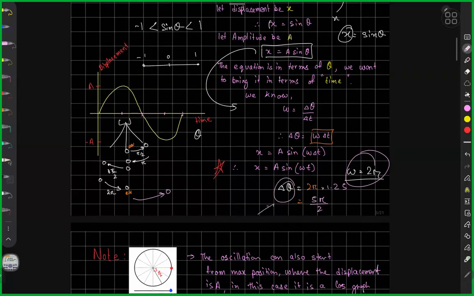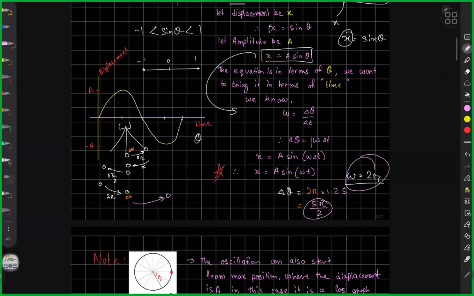Because you just gave me this answer that after 1.25 seconds, the radians passed was 5 pi over 2. Correct. So if I put this instead of the theta, remember over here, won't I get the displacement from equilibrium? Yes, I will. So I can just sub in this theta as omega del t.